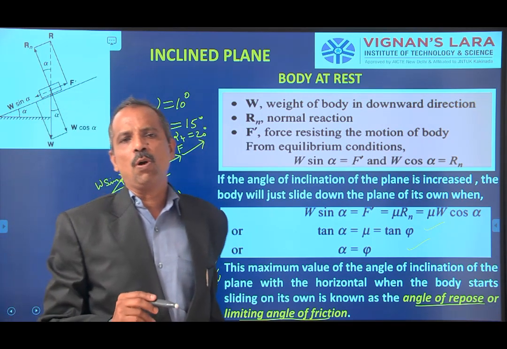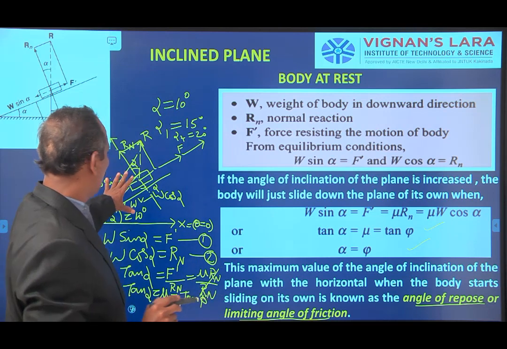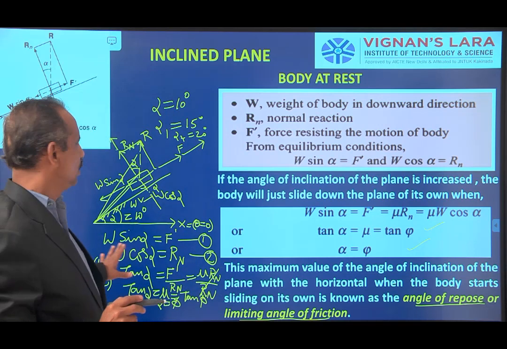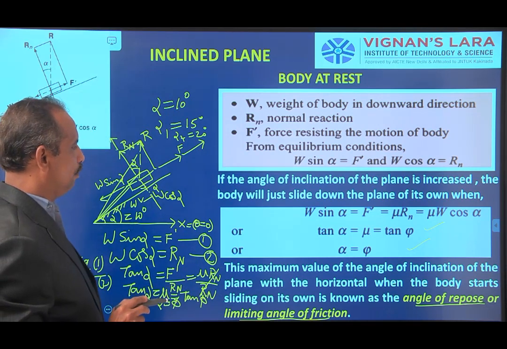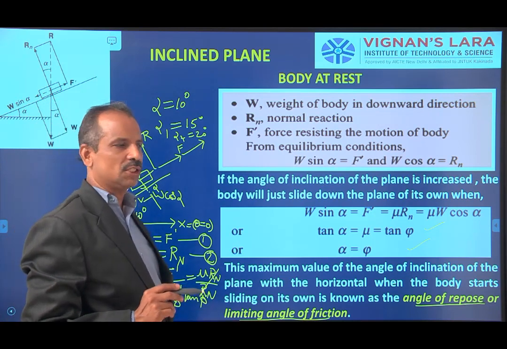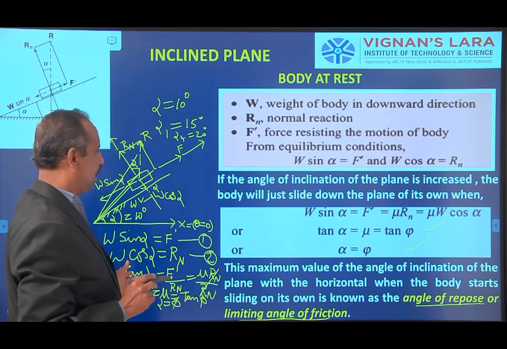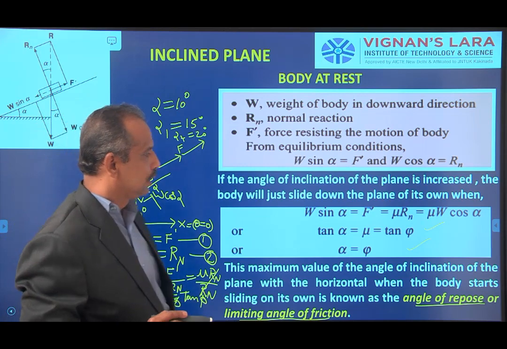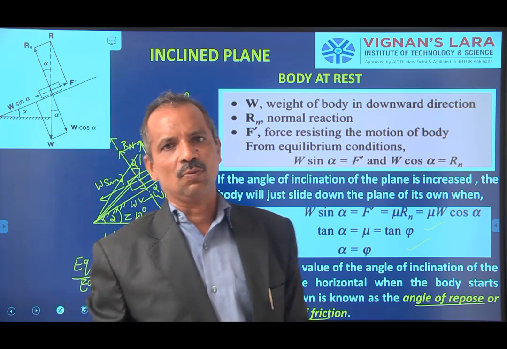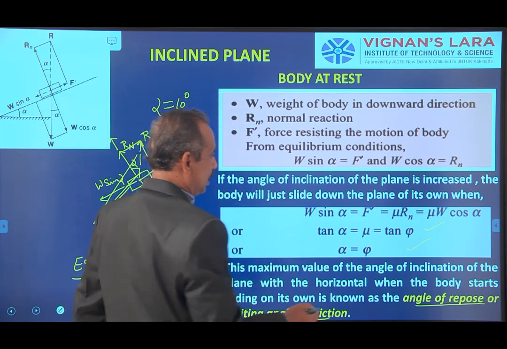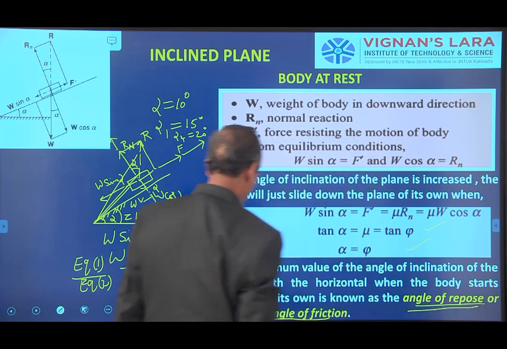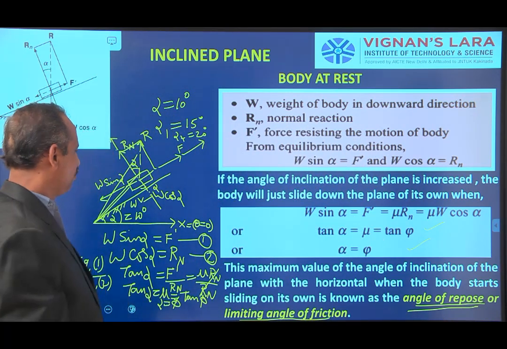There is a point where the body will start to move down with its own weight, that is the maximum angle of inclination of this plane with the horizontal, so that the body starts sliding down with its own weight, which is called angle of repose or limiting angle of friction.